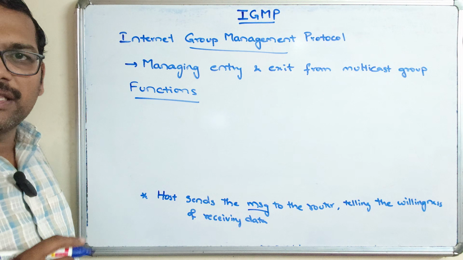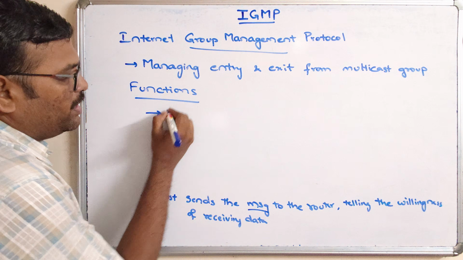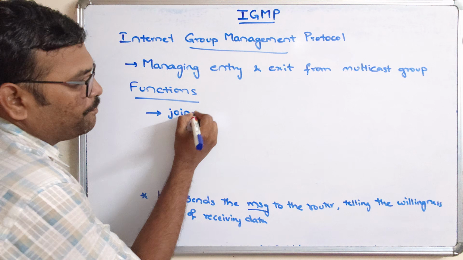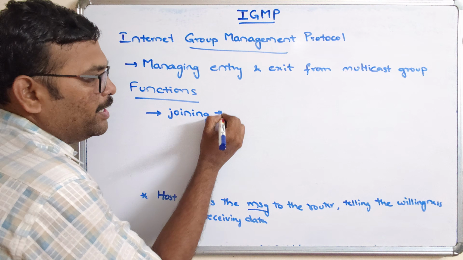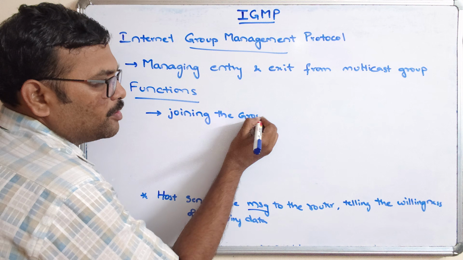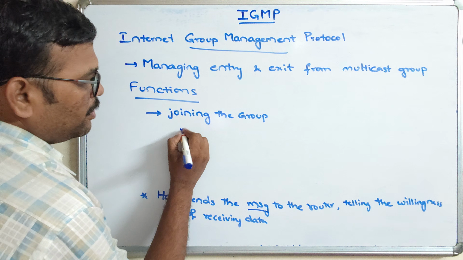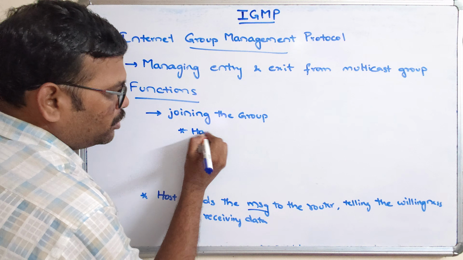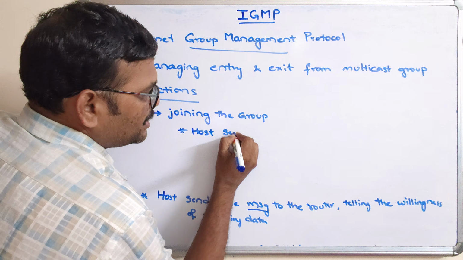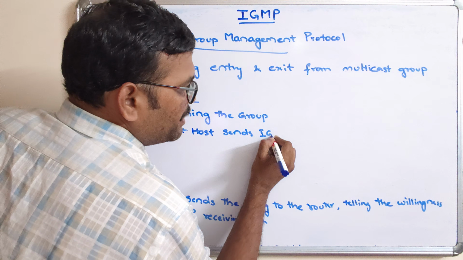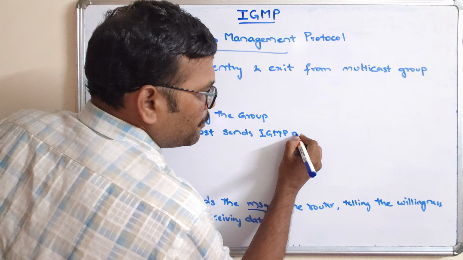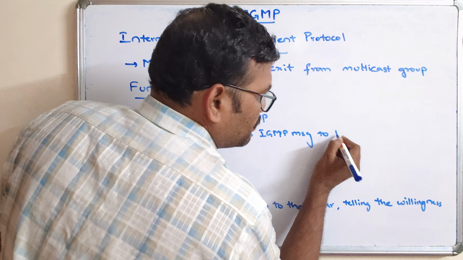Mainly it has three functions. The first one is joining the group. As the name itself indicates, the host sends an IGMP message to the router.